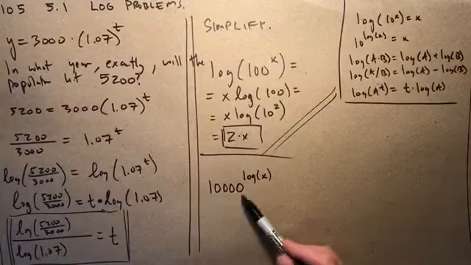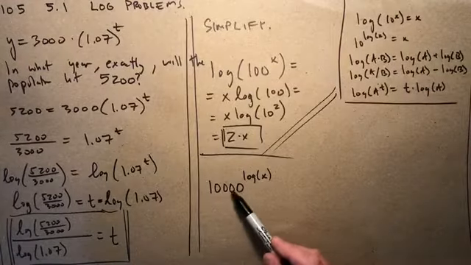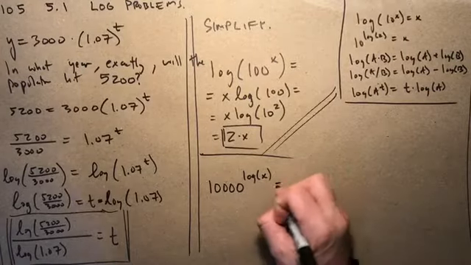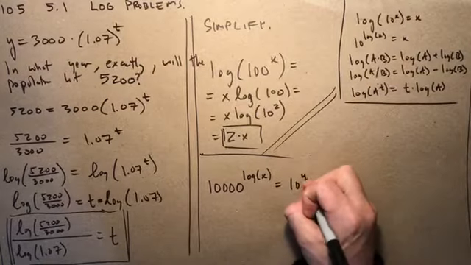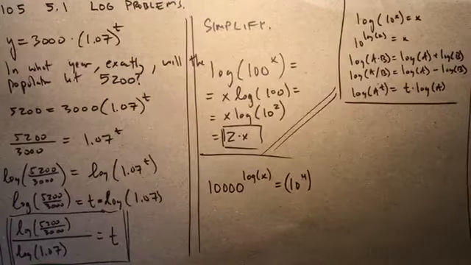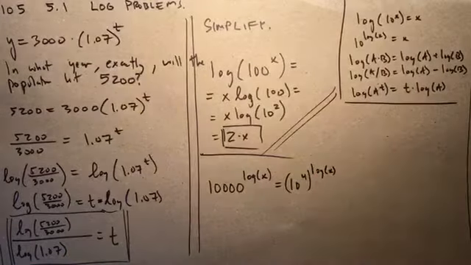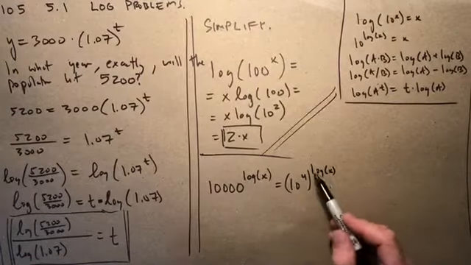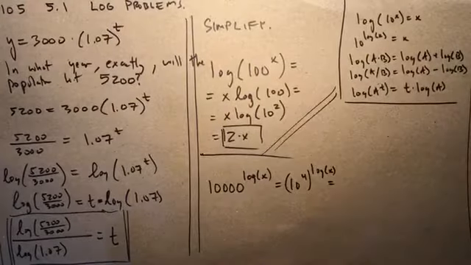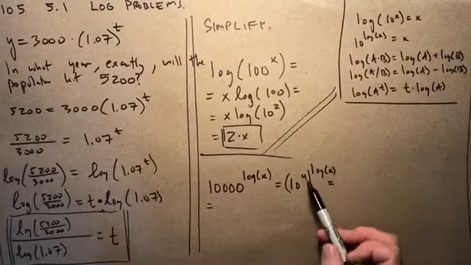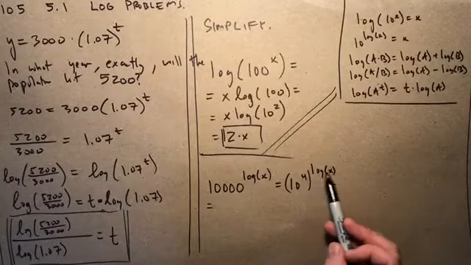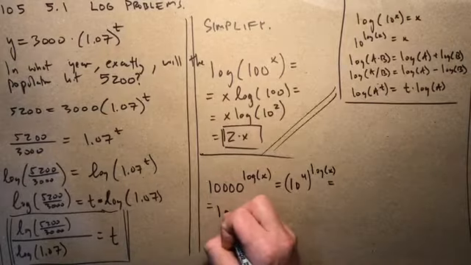And so what I might do is I might recognize that 10,000 is the same as 10 to the fourth. And we're looking at 10 to the fourth raised to the log of x. Now, friends of mathematics, you must know your properties of exponents, yes? And so our exponent properties say that the 4 and the log x multiply together.